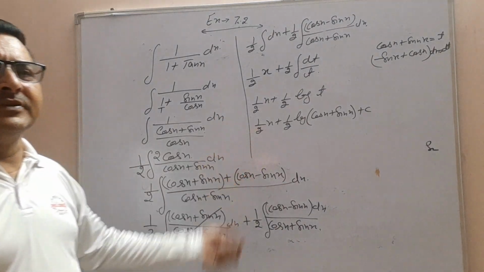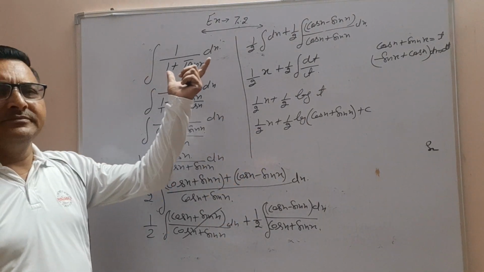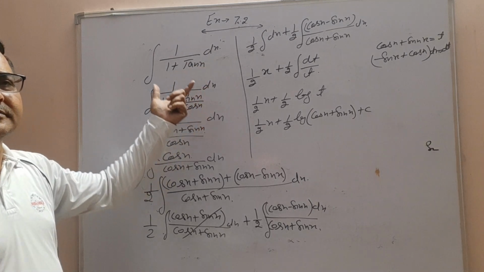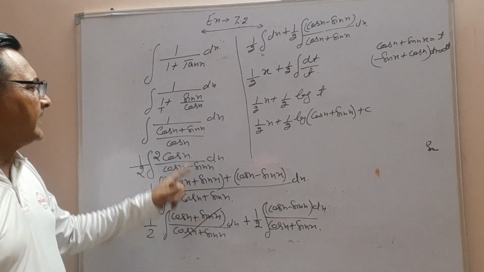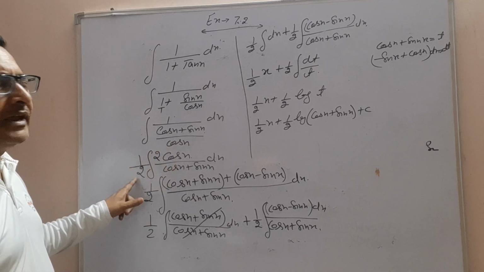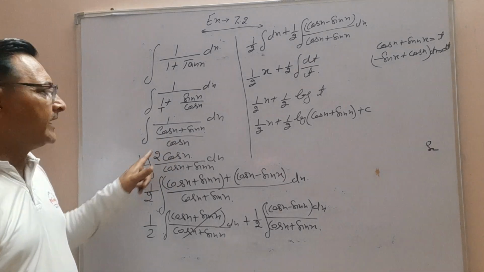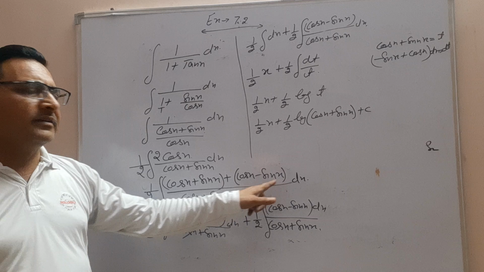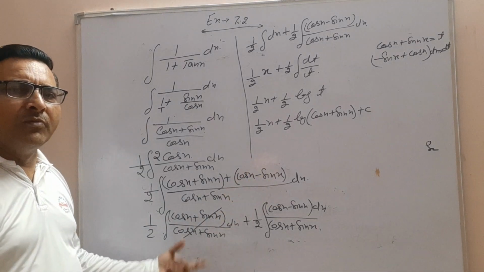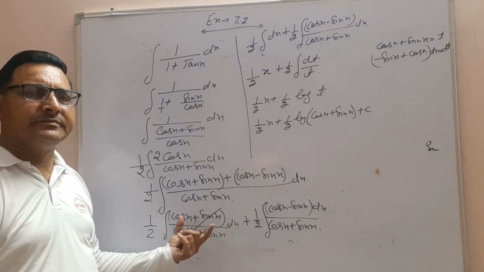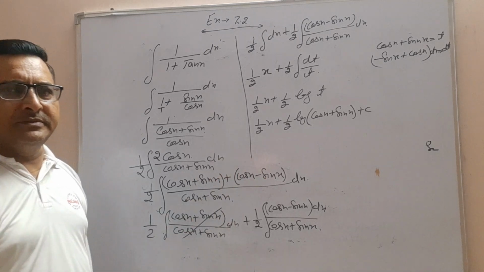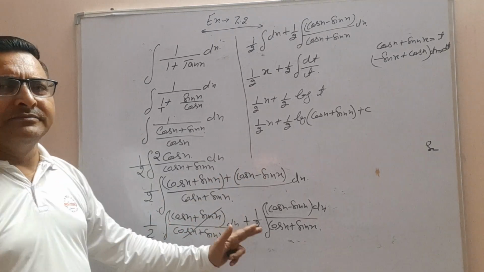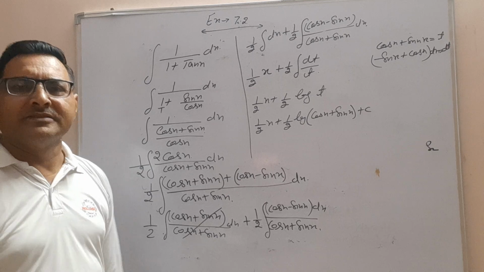What we have done: first of all, in this type of question, you have to convert the whole term into the form of sin and cos. Then you will multiply and divide by 2, and twice of cos x you can write like this in the form of the denominator. So cos x plus sin x plus cos x minus sin x, and then separate the terms and then do the integration.